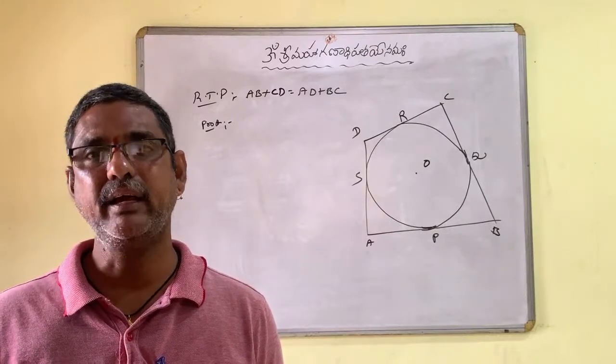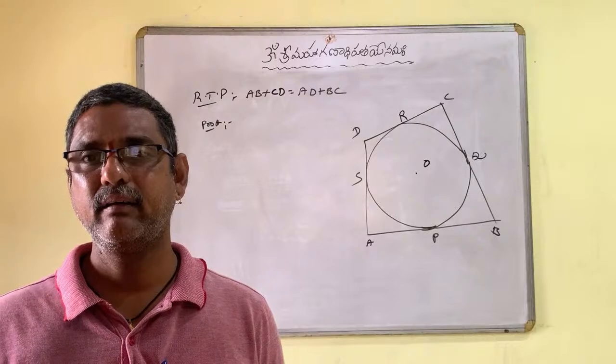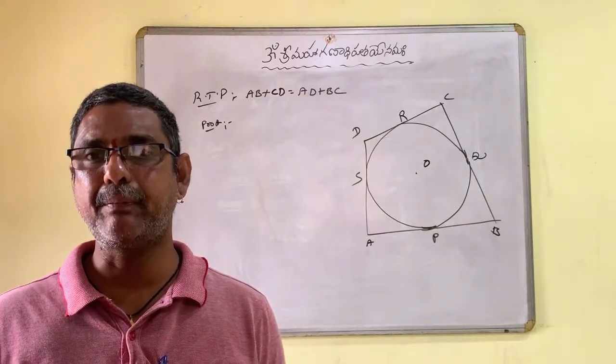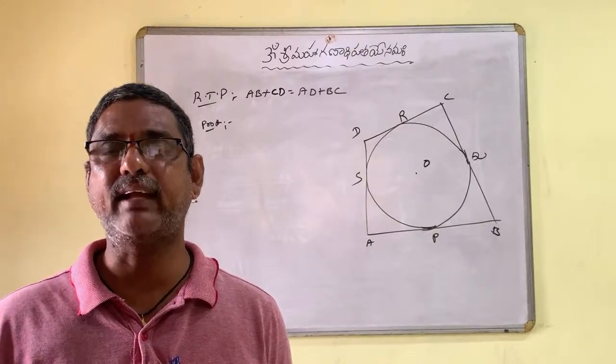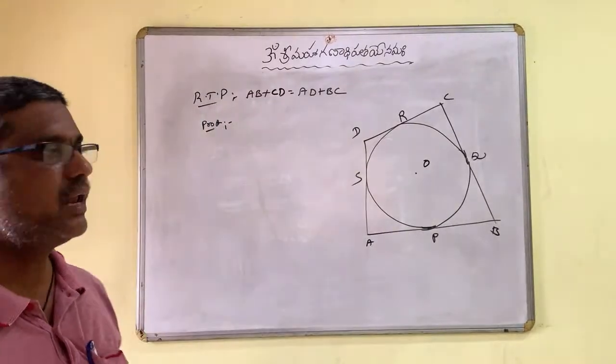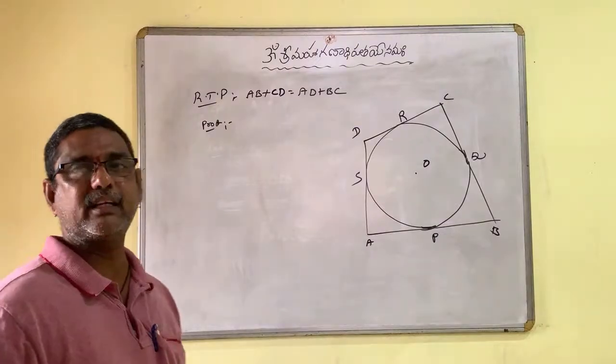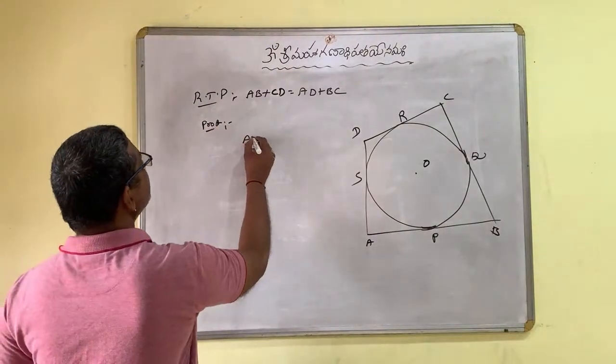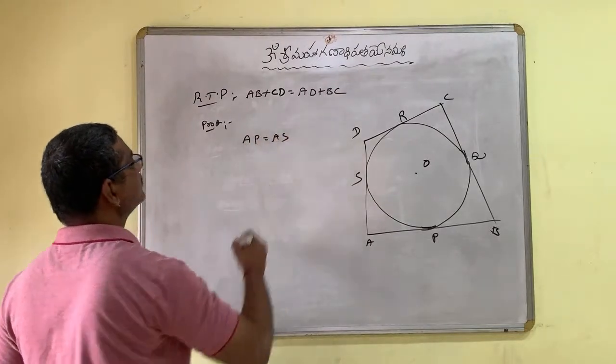They are not tangents. AB is tangent at P. What is AP? I told you clearly. Length of tangents. Very good. Lengths of tangents drawn from an external point of a circle are equal. So AP is equal to AS.